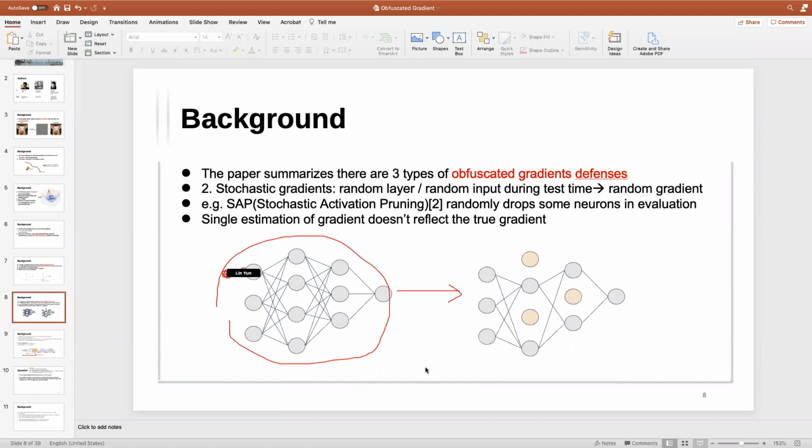Suppose this is the input layer, and if we drop these neurons, the gradient information disappears, so it will have different results. Maybe it is not so reliable here. But what is the cost of dropping these neurons to defend against adversarial samples?